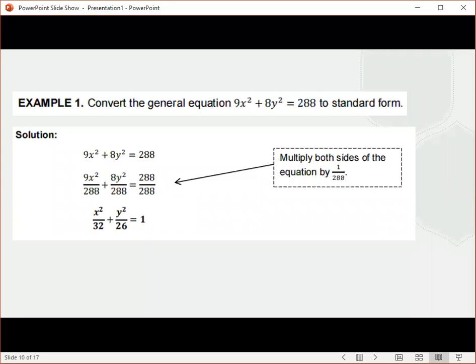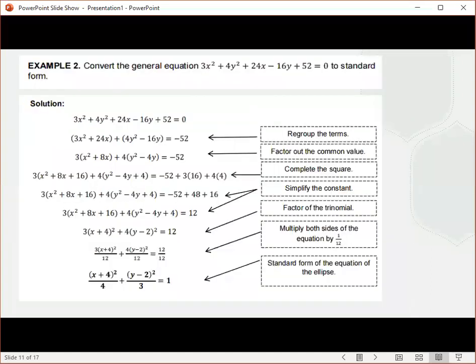Now, suppose I interchange the denominators. This time we'll have x squared over 26 plus y squared over 32 is equal to 1. Then that would be a vertical ellipse because there is a change on the denominators. Very good. Let's proceed with another example.